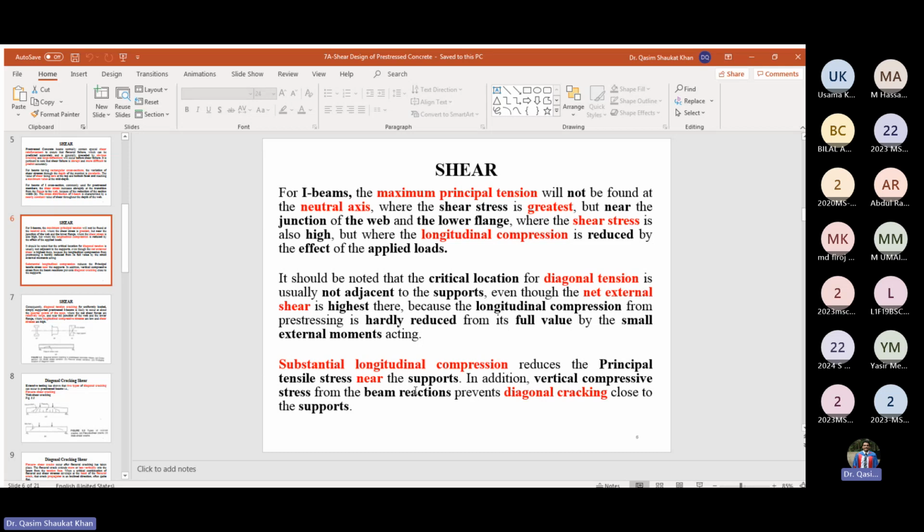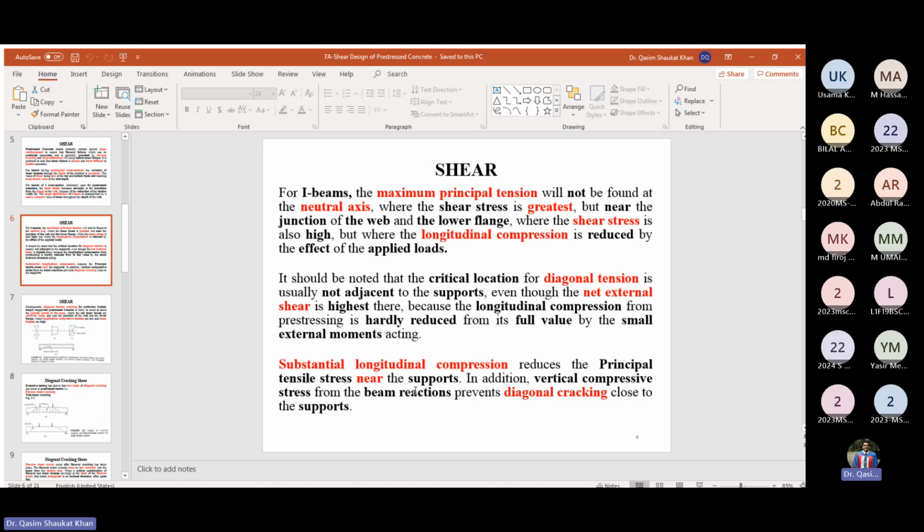And over the principal planes you have the maximum normal stresses, and you have zero shear stresses. So for I-shaped beams, the maximum principal tension will not be found at the neutral axis. At the neutral axis, your shear stress will be greatest.